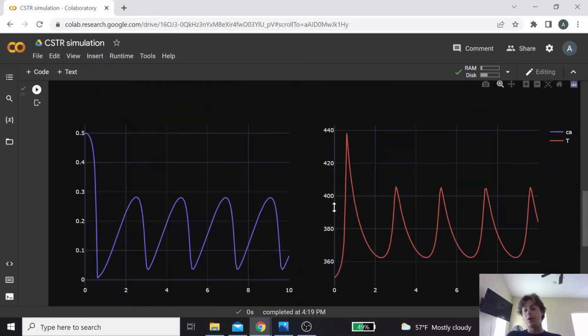So even the small amount of change in temperature of the coolant can have a big effect on the reactor. Even just 5 degrees Kelvin causes this reactor to behave almost volatilely and cycles. The concentration of A rises and then drops again, and the temperature will drop and rise with the concentration.